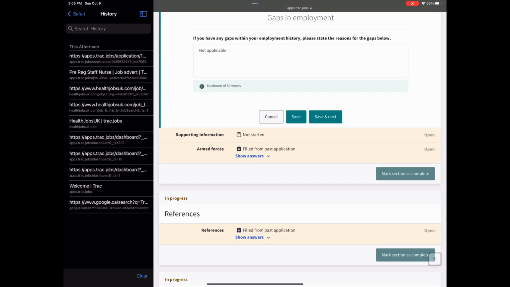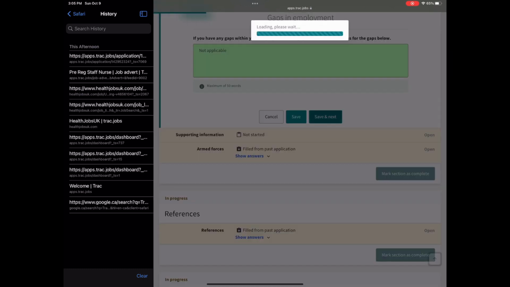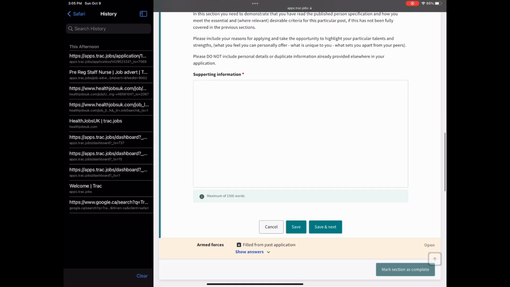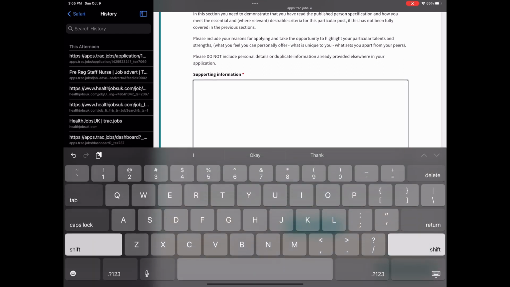Now you move to the next part, gaps in employment. Because you've closed all employment gaps, this part should be not applicable. Supporting information is very, very important. At a later date, we'll give you a lesson on things you should include in your supporting information that would make it attractive.